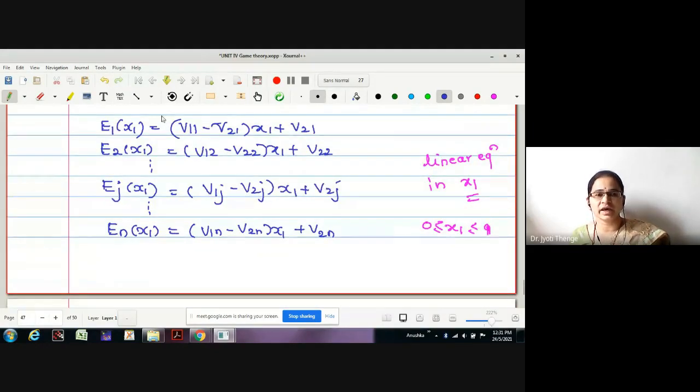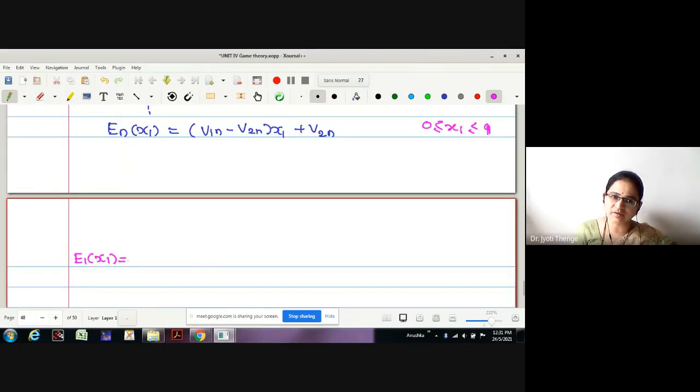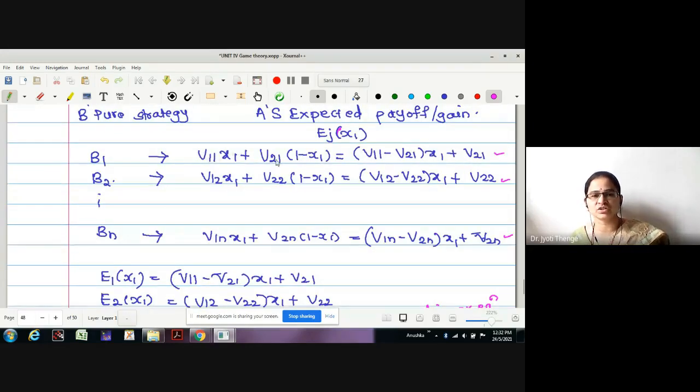If I put x1 equal to 0 in this equation, the term 1 - x1 gives me V21.